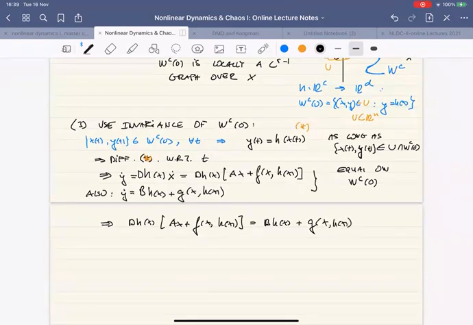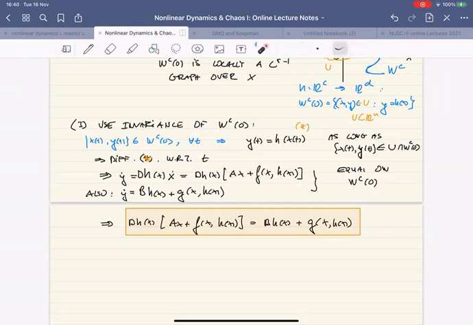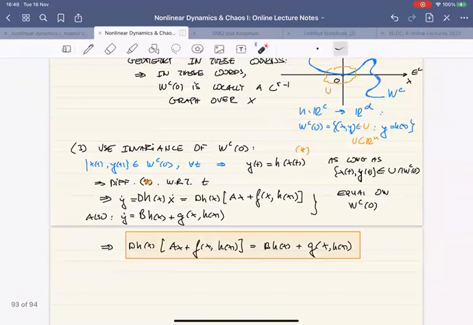And the beauty of this, which I don't know who had this idea first, but it's pretty amazing, is that if you look at this equation now, it doesn't depend on time anymore, and it doesn't depend on y anymore. So although I kept saying that my arguments are only valid on the center manifold, in saying that, I also eliminated y, and this equation is now only posed on this spatial domain X here.